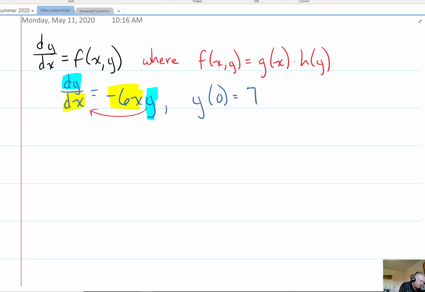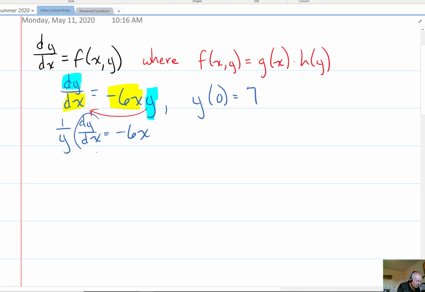So to do that, this y will multiply across, right? We'll just kind of do it in steps so I don't make any mistakes. So it's y dy over dx. Let me try it again. We divide it across, so it becomes 1 over y dy/dx equals -6x.